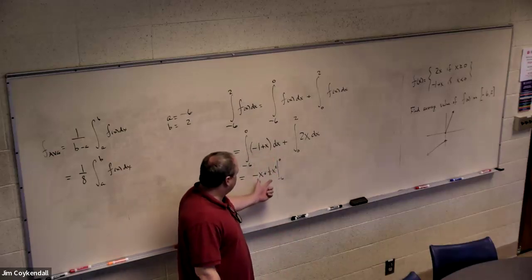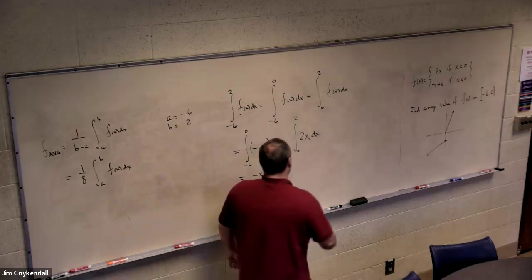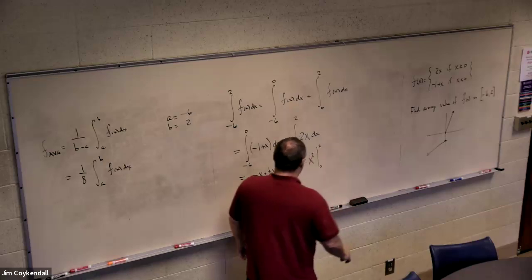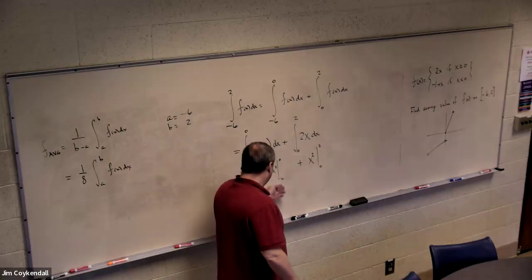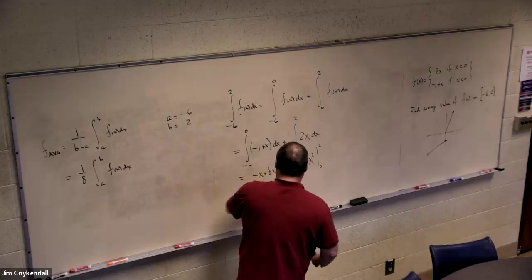I love this kind of problem because you can always check that you've got the right answer. The derivative of this is minus 1 plus x. That's right. So let's see what shakes out of this mess. When I plug in 0 here, I get 0.